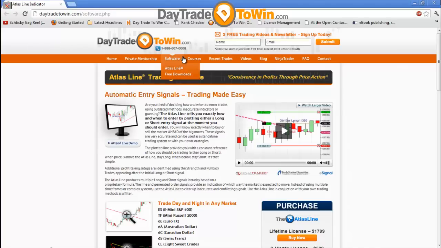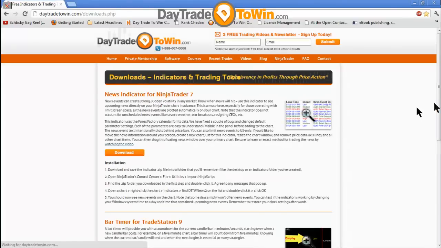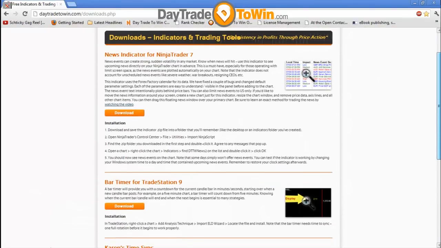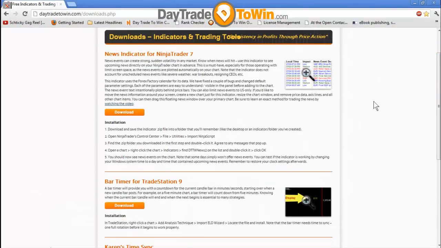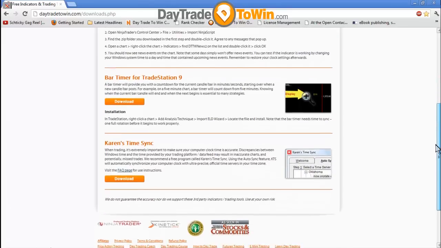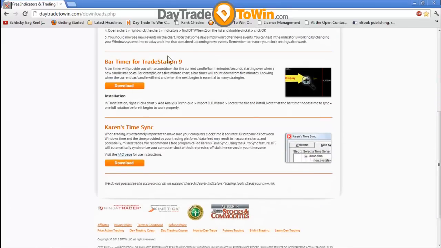Let me go to software, then free downloads. There are a few things here. There's the news indicator for NinjaTrader. If you haven't downloaded it already, it's a great way to know when news events are going to happen. If you're using TradeStation, you can download a bar timer. I don't know why TradeStation doesn't offer this by default, but I found one for everyone using TradeStation.